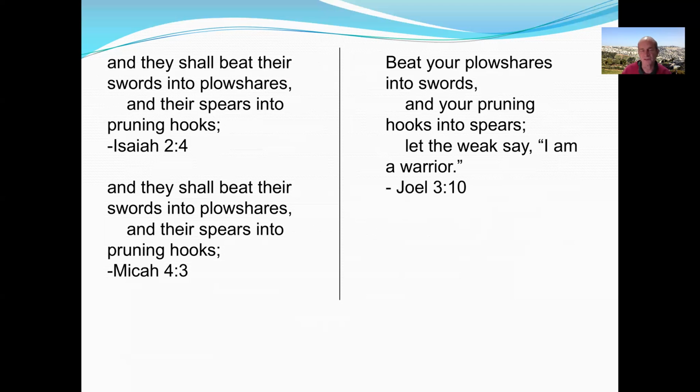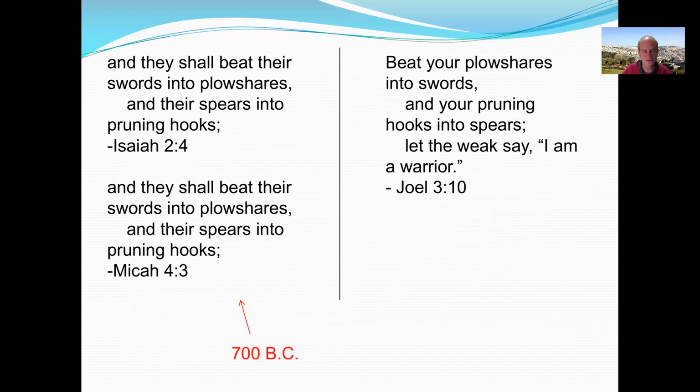Now, Joel says, "Beat your plowshares into swords and your pruning hooks into spears." So Joel reverses it. He doesn't go swords to plowshares, he goes plowshares to swords. So the question is, who read who? Did Isaiah and Micah read Joel, or did Joel read Isaiah and Micah?